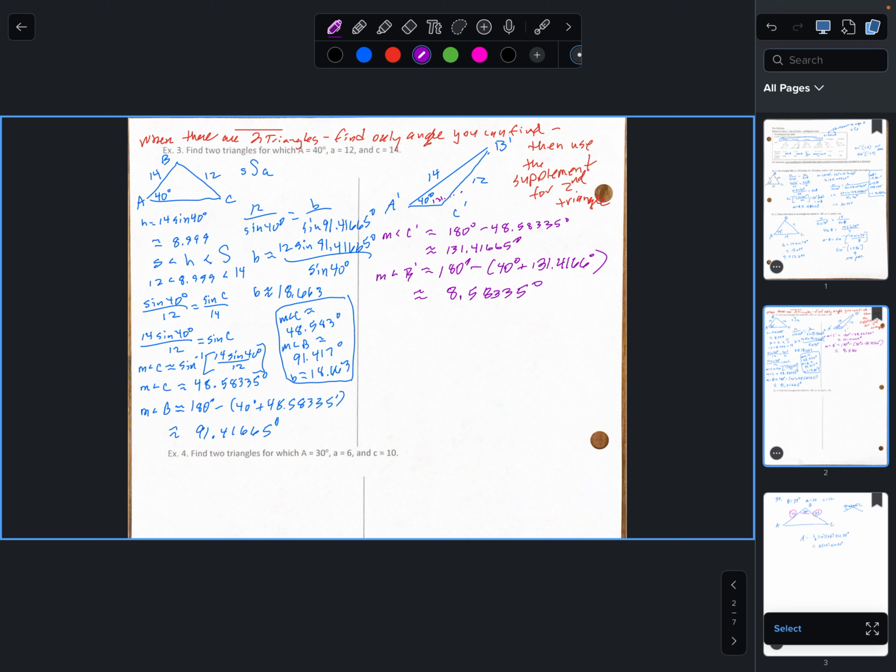So there will only be one angle to find. Since we're going to find an angle, I'm going to put the sine on top. Sine of 30 is to 6, as the sine of C is to 10. And so you get 10 sine of 30 degrees over 6 is the sine of C. So the measure of angle C is the inverse sine of this.